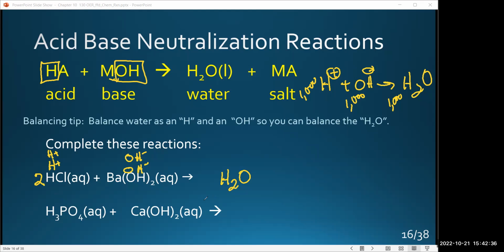If I have 2 protons and 2 hydroxides, how many waters am I going to make altogether?